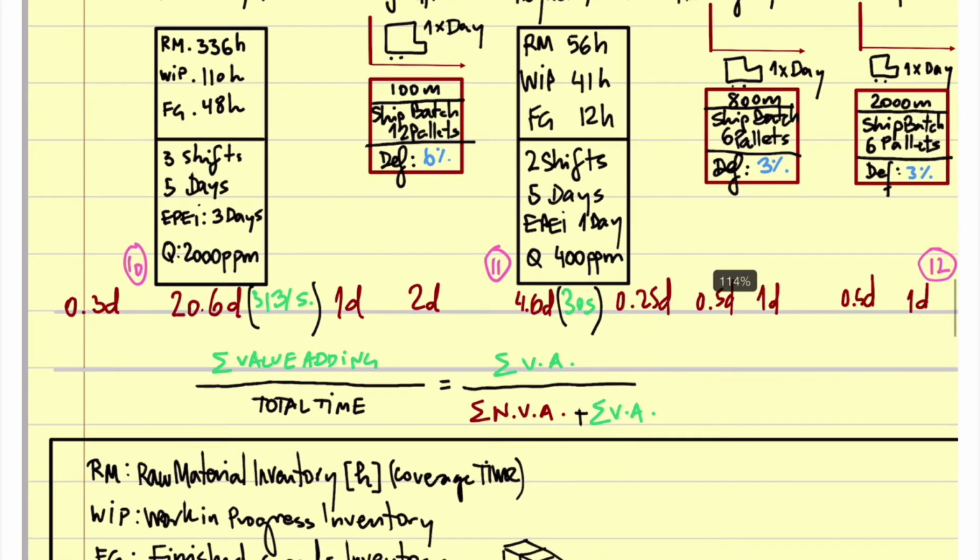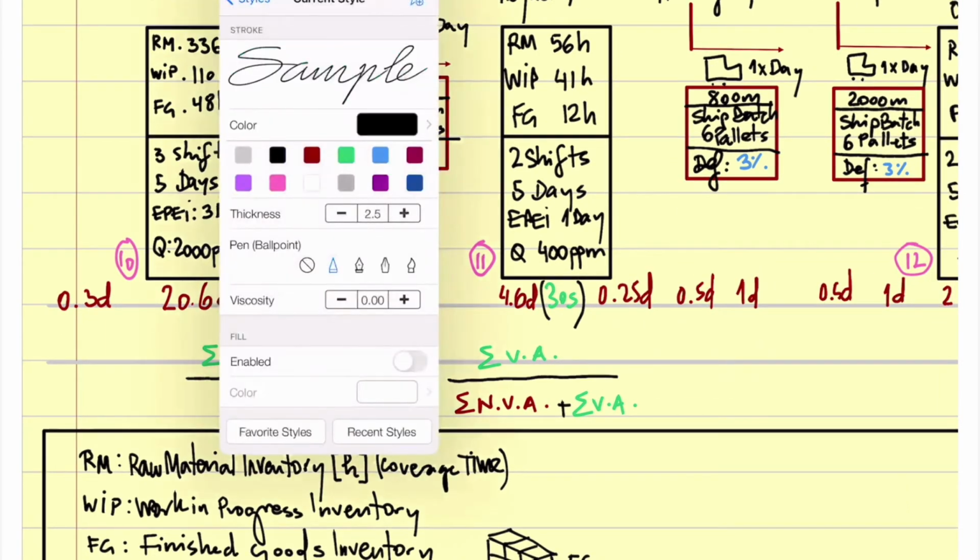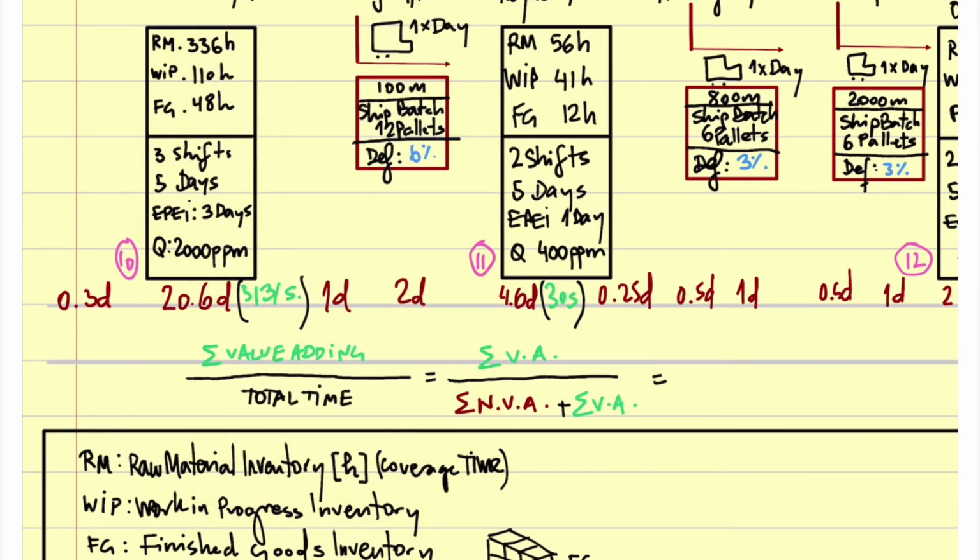Okay, and in this case this delivers a KPI. Wait, I have it. So the total lead time is 44.3 days.